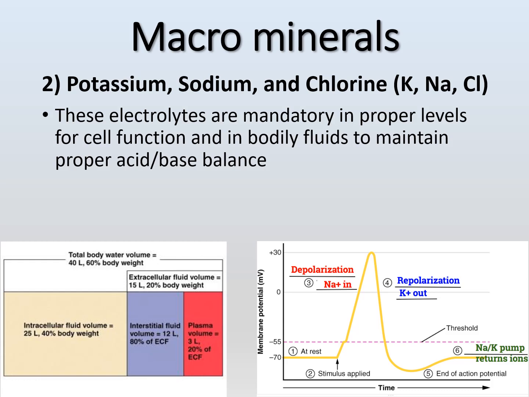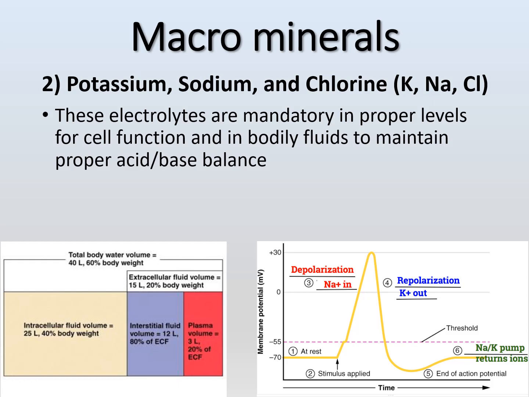So we talked a bit about where our body water lives, right? The majority is in our cells, but also within the extracellular fluid around the cell. We also see it in plasma as well, right?